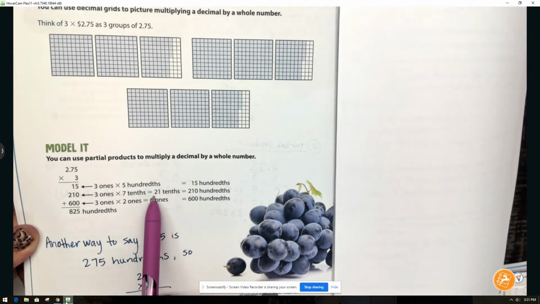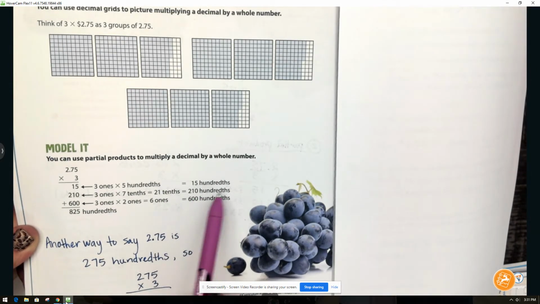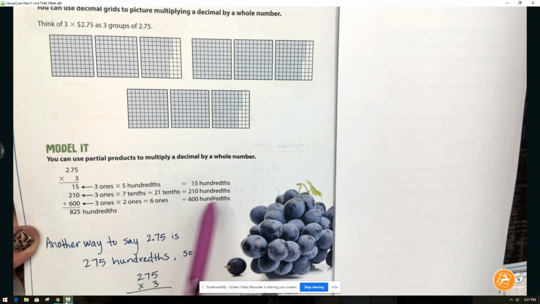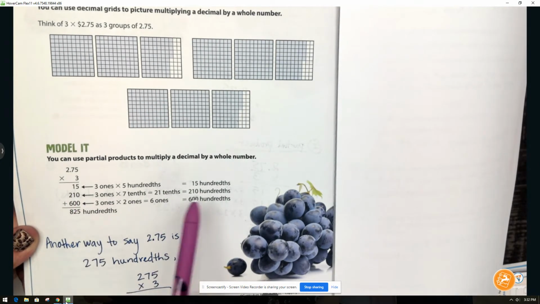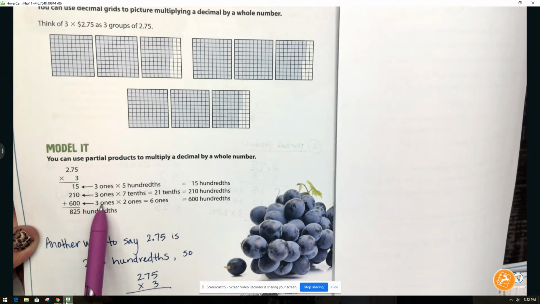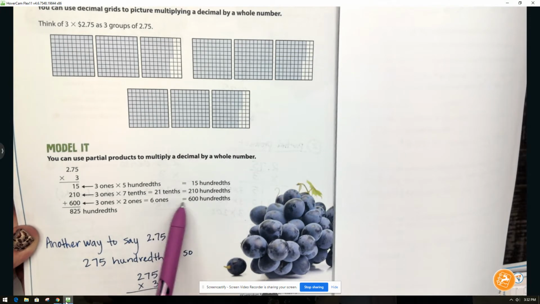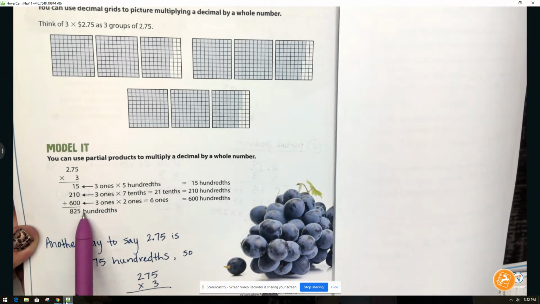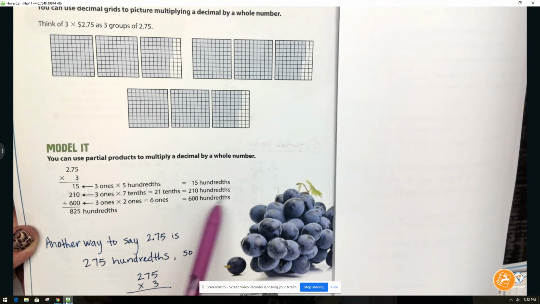So that gave us 21 tenths, which is the same as 210 hundredths, which is a little wordy, but just bear with me. So 21 tenths plus that 0 makes it a hundredth. And then finally, 3 ones times 2 ones is 6 ones, but we know that if we're writing it in hundredths so that they all have the same place value, we would need it to be 600 hundredths.